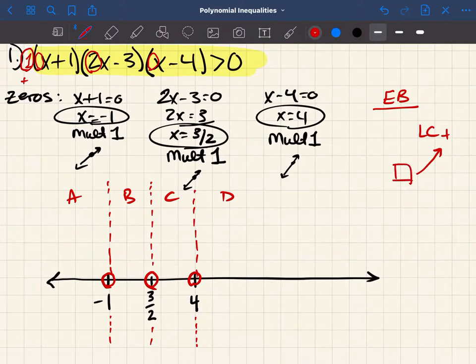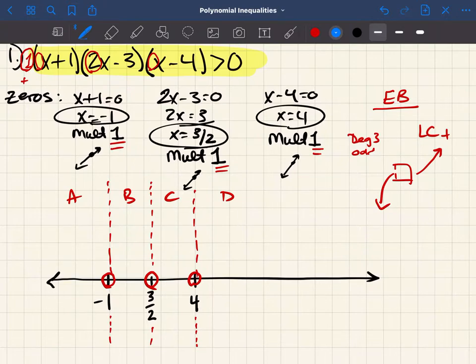The degree is going to be if we add our multiplicities together, so we have 3 in total, so our degree is 3, so that's odd, so that means my left hand side has to be trending in the opposite direction, so it's going to be going down.